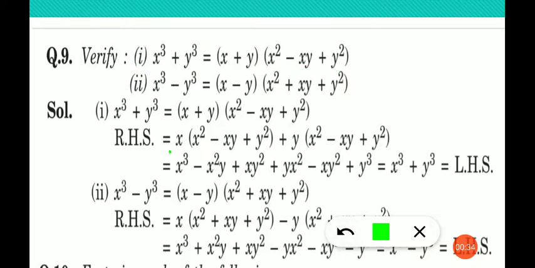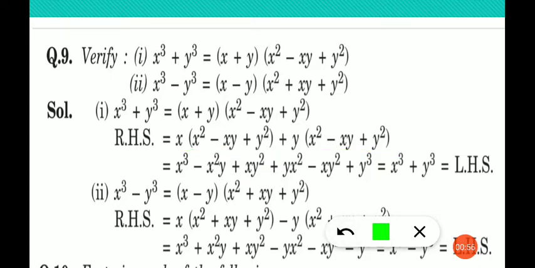So RHS is (x plus y) multiplied by (x square minus xy plus y square). When we multiply, we will get x multiplied by (x square minus xy plus y square) plus y multiplied by (x square minus xy plus y square).